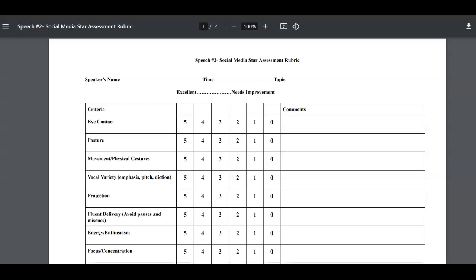So with your eye contact, the number one thing that will really help is to get your camera stationary in a fixed place in your room, wherever you're giving your speeches. Have it up a little higher so you're not having to look up or down into the camera, and be directly facing your camera, not sitting at an angle where you're having to look to the side.